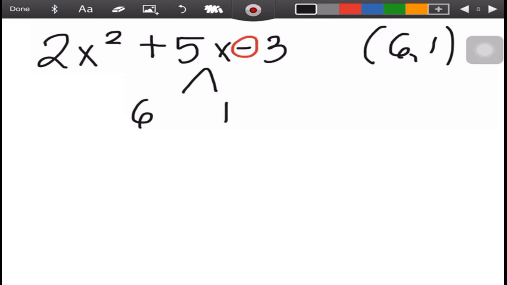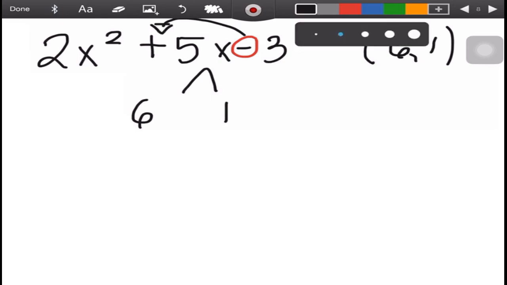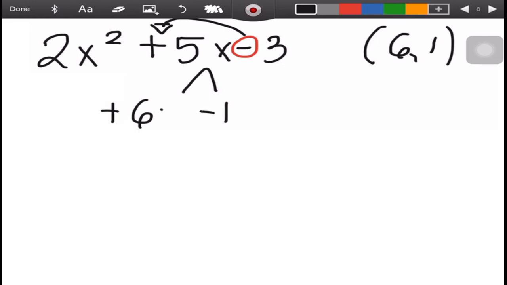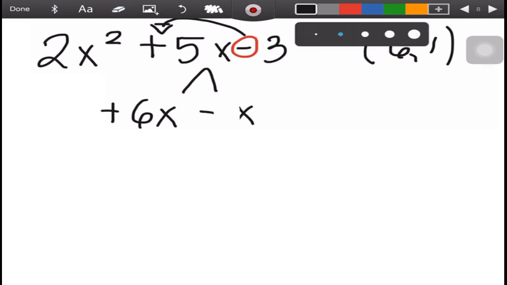And then the sign of the higher factor will follow the sign of the middle term. So 6 will use plus, and then 1 will use minus. And then let us copy the variable x. In here, we can erase 1 beside x because it is already understood that there is 1 here.